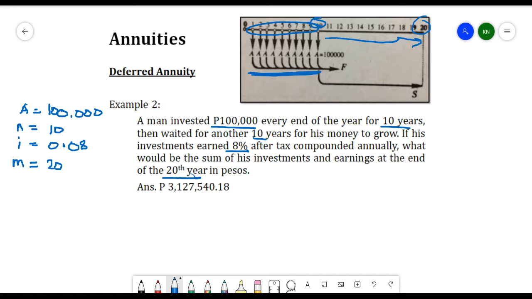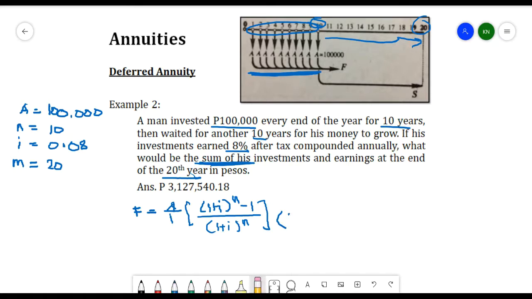So from here, we are looking for the sum of his investments. So we have to find our F. F is equivalent to the formula A over I multiplied by 1 plus I raised to n minus 1 all over 1 plus I raised to n.